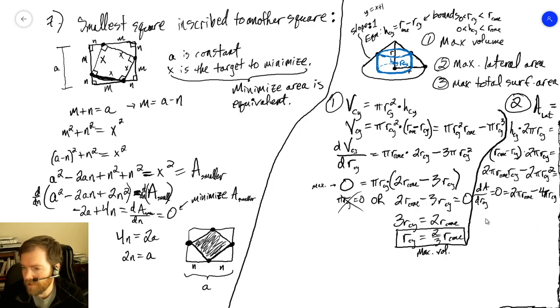Alright, so then that kicks over. We get 4 pi radius of the cylinder equals 2 pi radius of the cone. And divide by 4 pi. We get the radius of the cylinder is going to be equal to 1/2 radius of the cone. Nice.